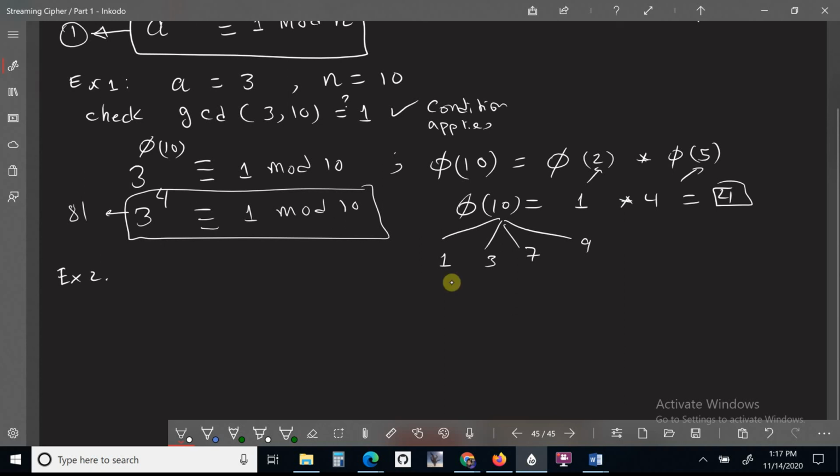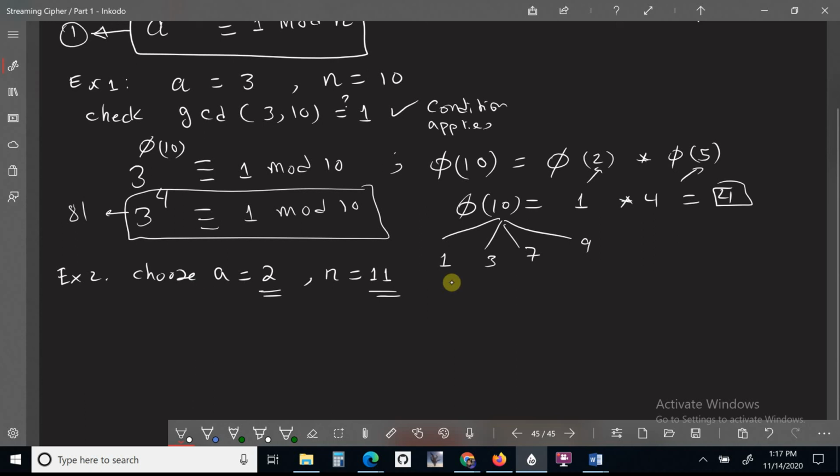Again, let's choose a equal to 2 and n equal to 11. Probably you can notice that 11 is a prime and 2 actually is a prime, so both of them in this case are primes.